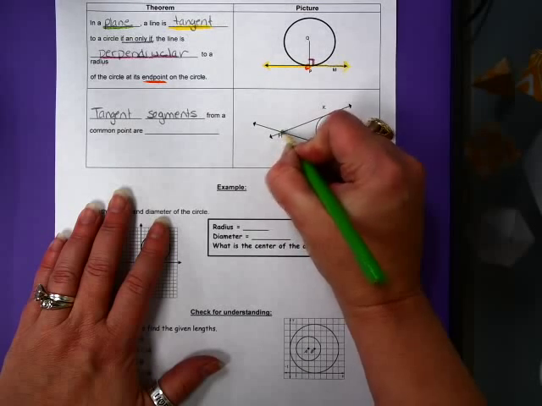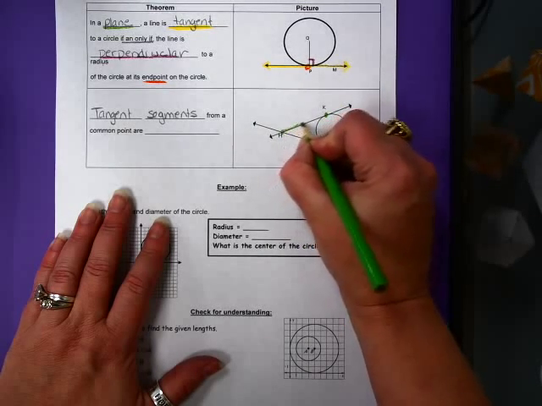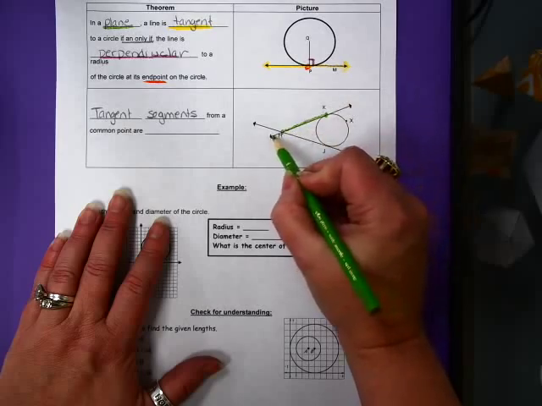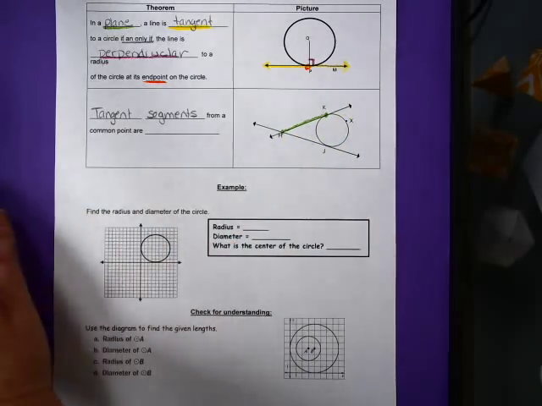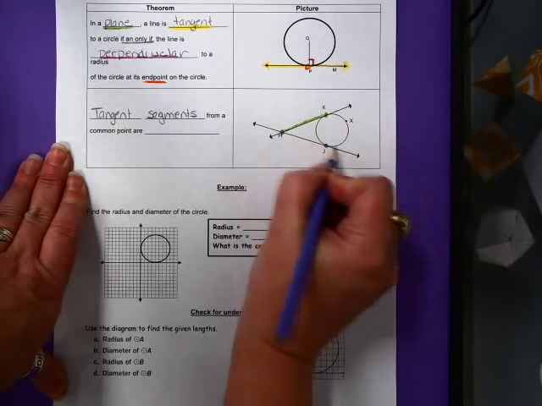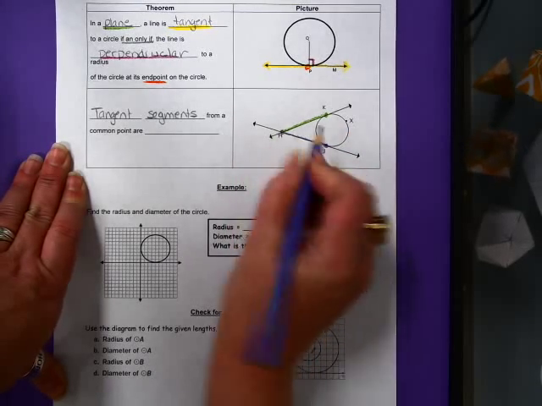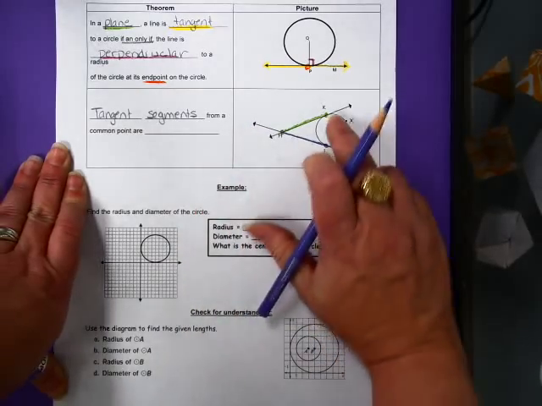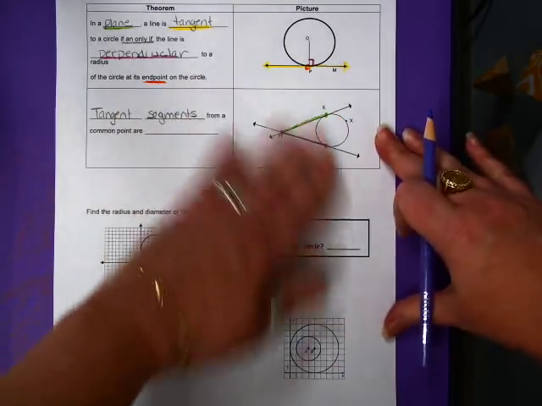So here from point H to point K, we're talking about this segment, which is part of this tangent line, and this segment here from H to J, which is part of this tangent line. So these are called tangent segments.